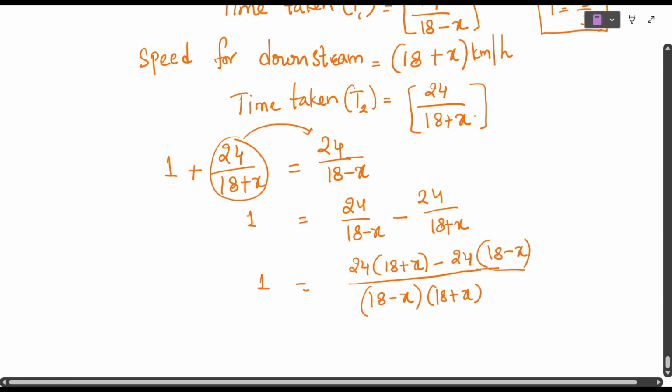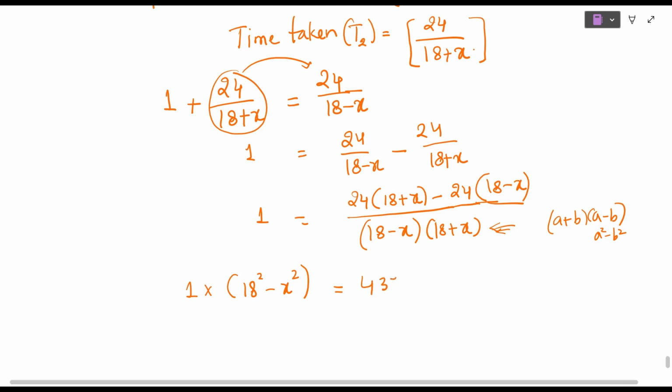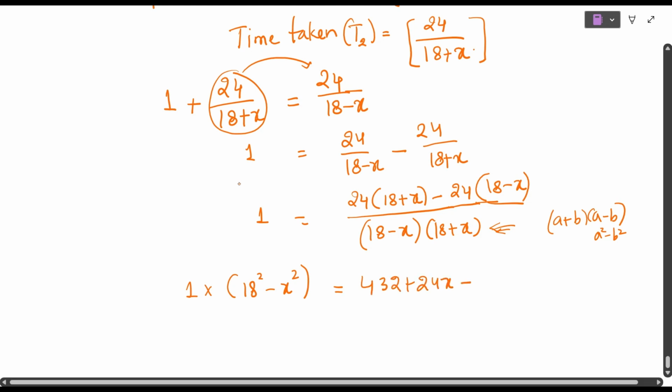In the denominator, if you observe carefully, this is the a plus b into a minus b formula, that is a square minus b square, students. Now if we transpose towards LHS, upon multiplication we get 1 into 18 square minus x square, equal to, now calculate this, students. 24 into 18, how much? 432 plus 24x minus 432 plus 24x.